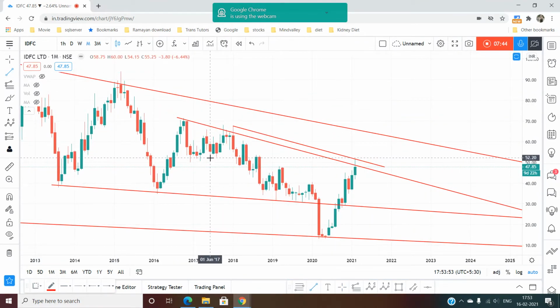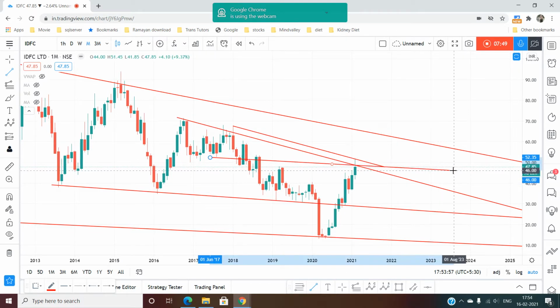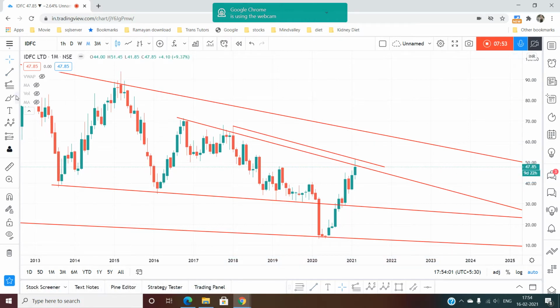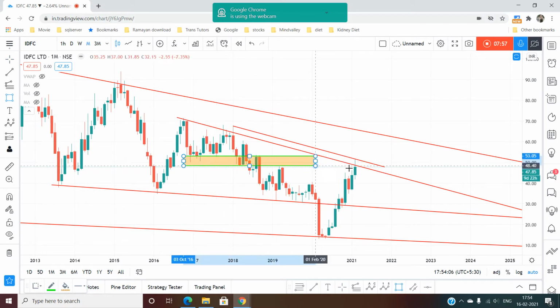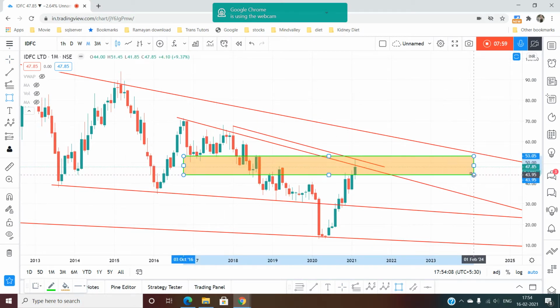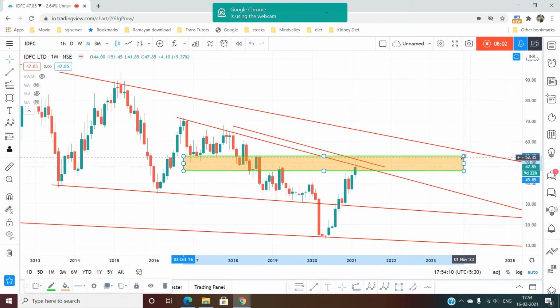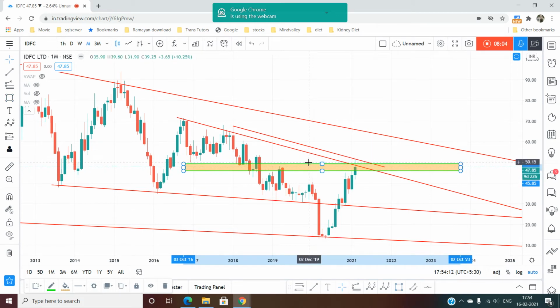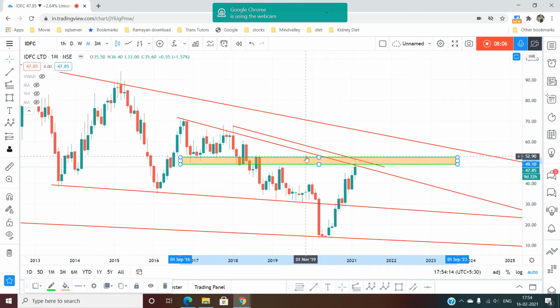And this is a zone that I'm creating right now. Let me create a zone with a rectangle here. You see, there's a particular zone here. This zone is very important currently.